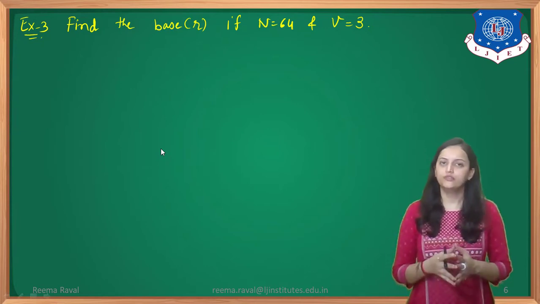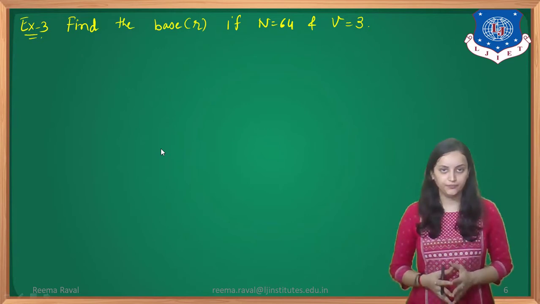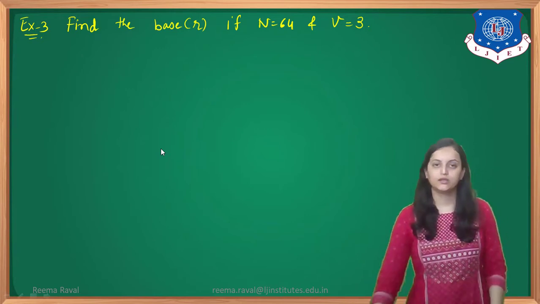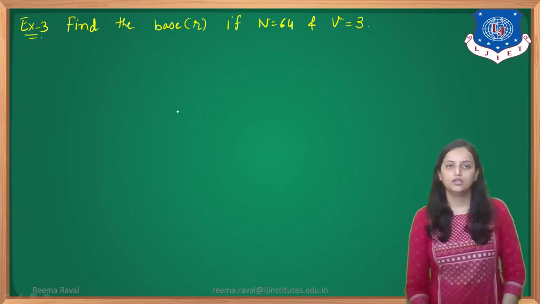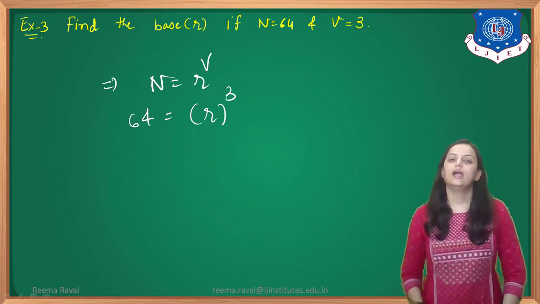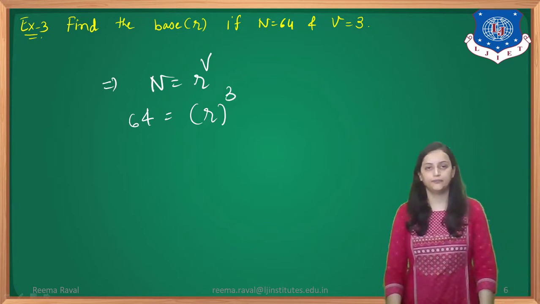We need to know the formula n equals r raised to v, where r is not given but n and v are given. Using this formula, n equals 64, r is to be found out, and the power is 3.